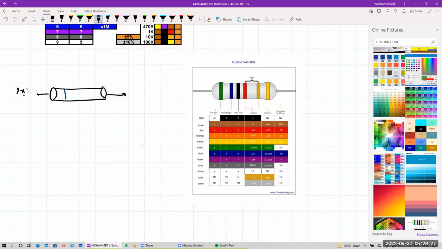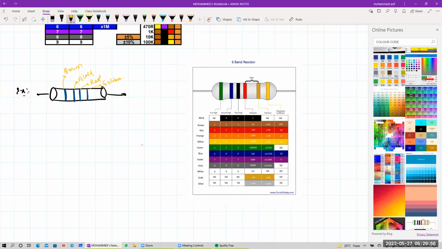The first one is some color, and the next one also some color, and the next one also some color, and the next one also some color. Naming them: the first one is brown, the next one is black, the third one is red, and this last one is gold.